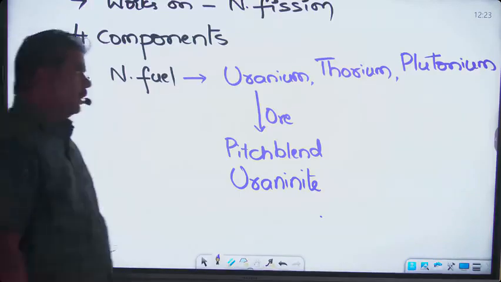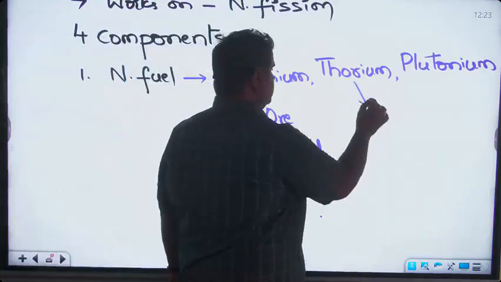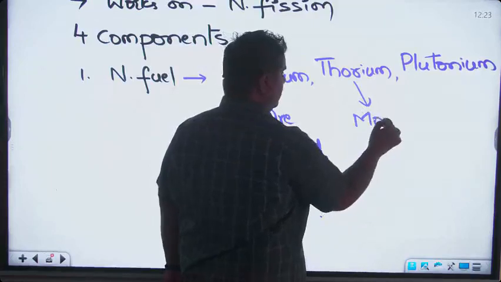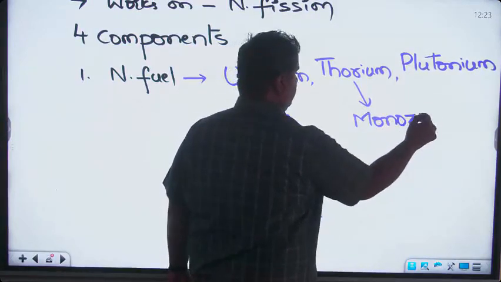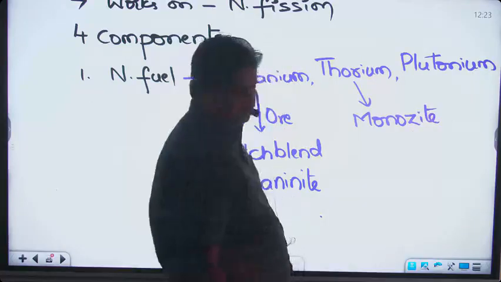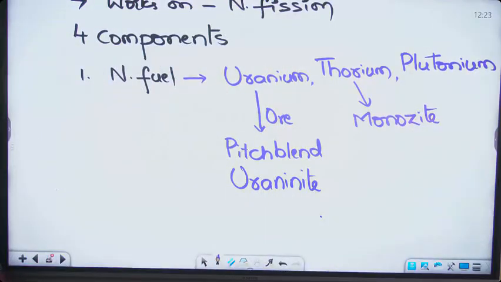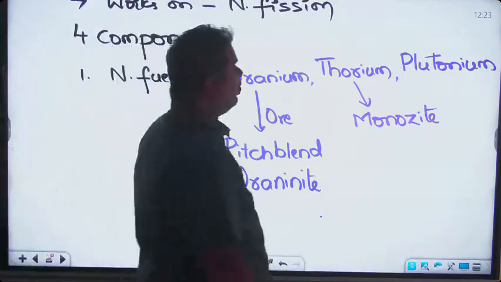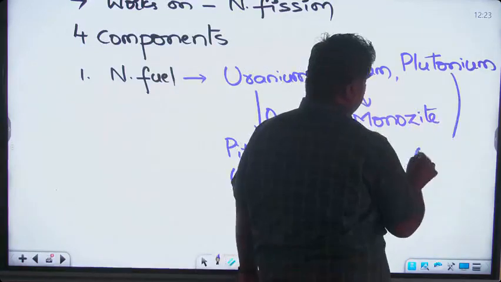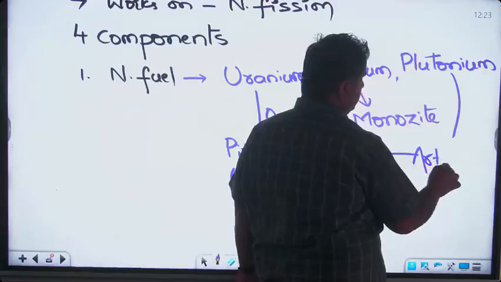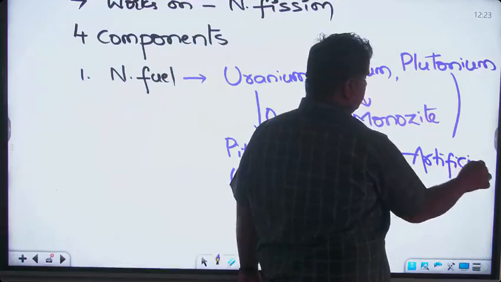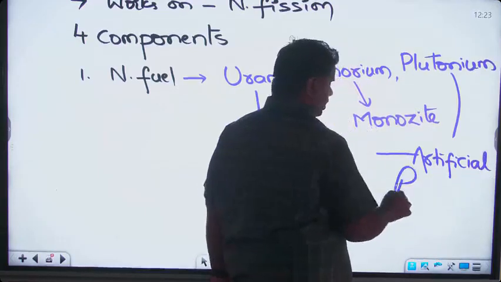Then the ore of thorium, these two are also previous questions, is monazite. And the ore of plutonium: it does not have any ore because it is an artificial radioactive element.